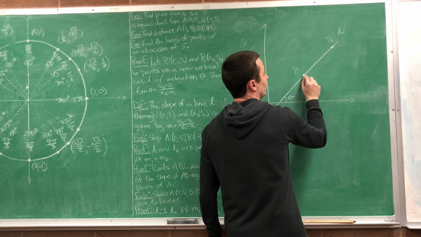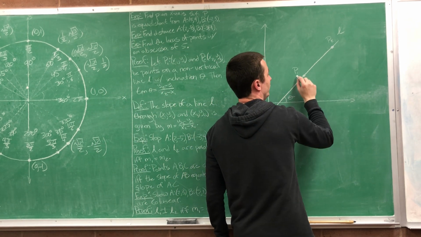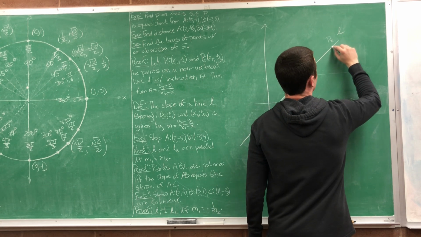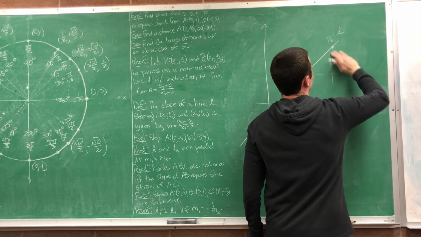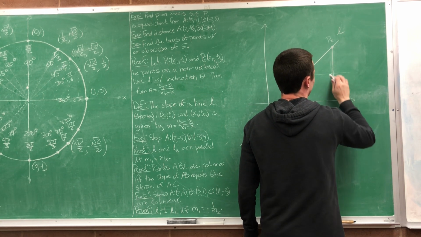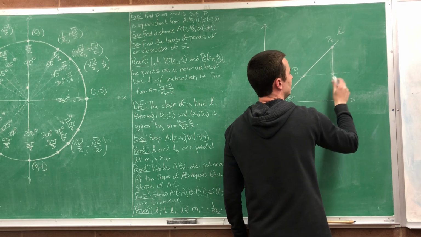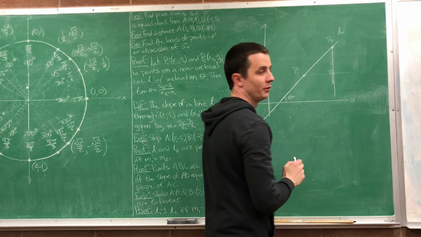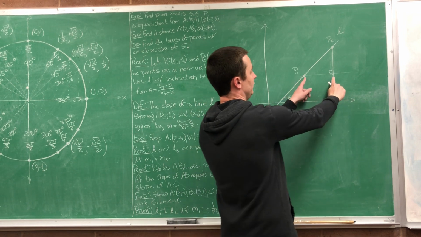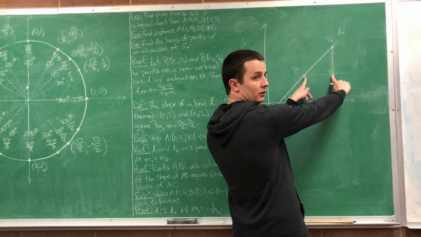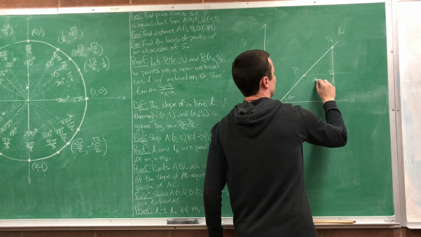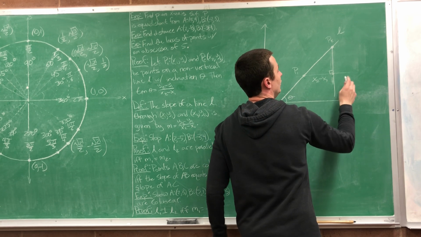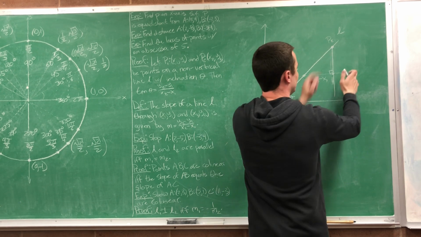So I'm going to construct a right triangle using these 2 points. Sorry, terrible. I think you know what I'm trying to draw though, right? Here's our right triangle. What is this distance? x2 minus x1. What is this distance? y2 minus y1.